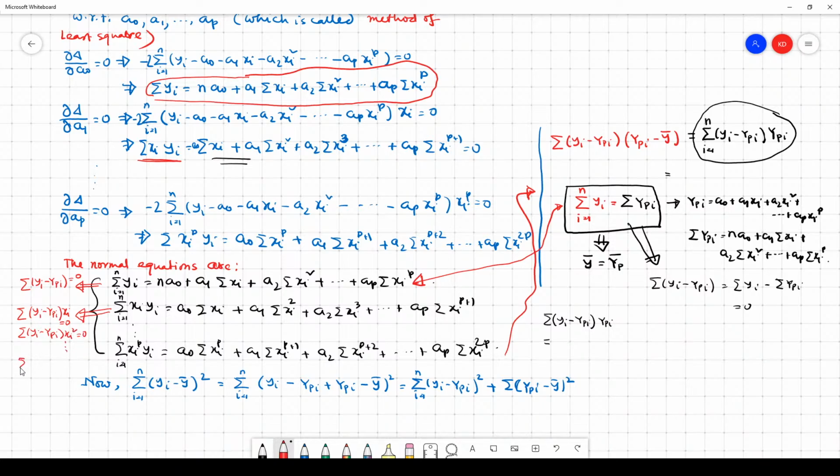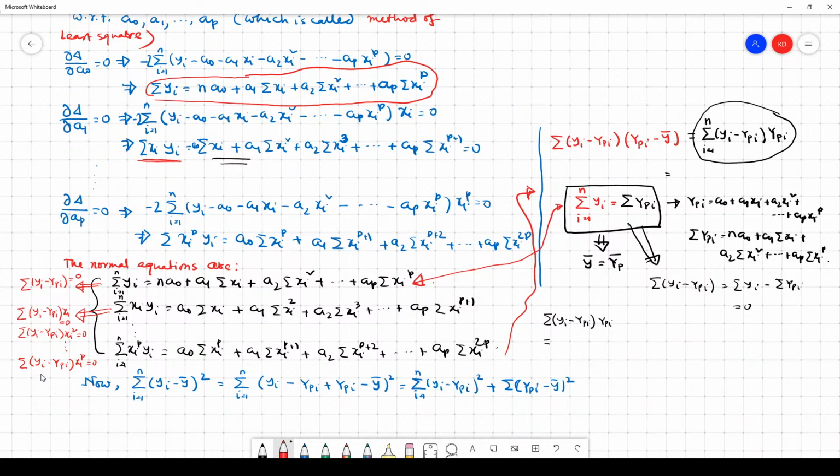And lastly, we get summation yi minus capital Ypi xi to the power p equal to 0.